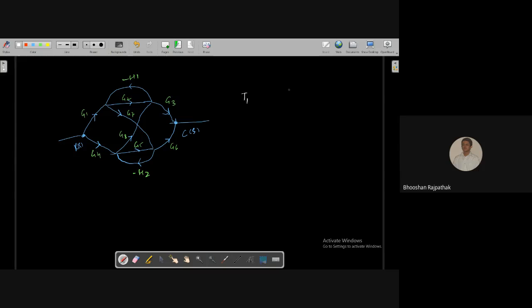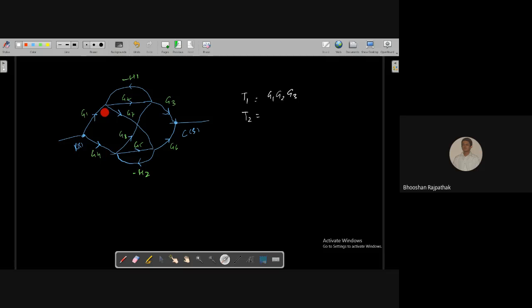One is obviously G1, G2, G3. So traveling from input to output. Okay, that is one. Then let's travel through G1 and we go to this by a different route.